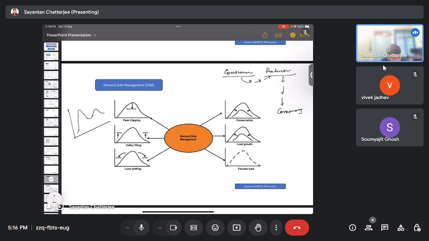Our main aim is to reduce the morning peaks or evening peaks. These are continuous plots. So fill the valley and reduce the peak, curtail the peak. Similarly in the evening, our aim is to minimize the peak, reduce peak, and fill the valley.